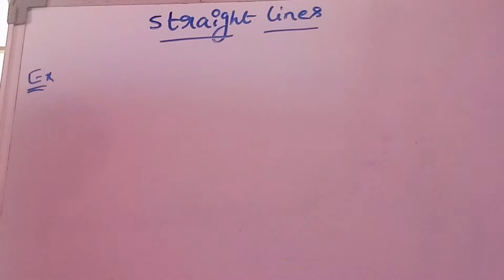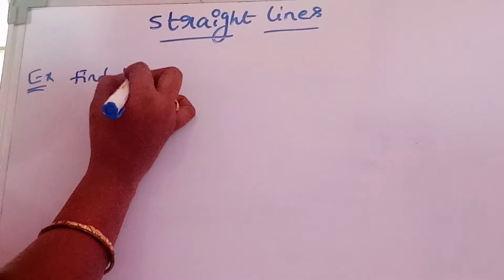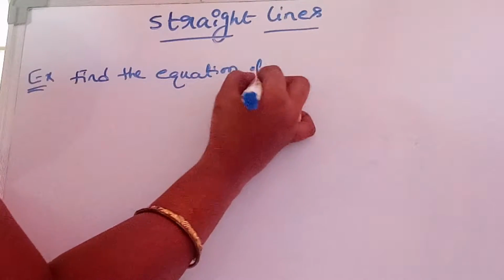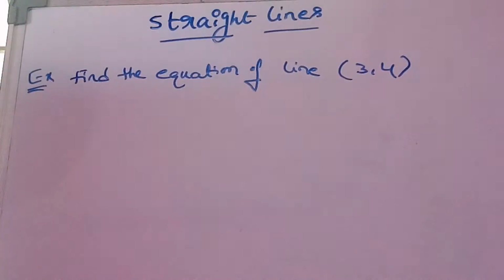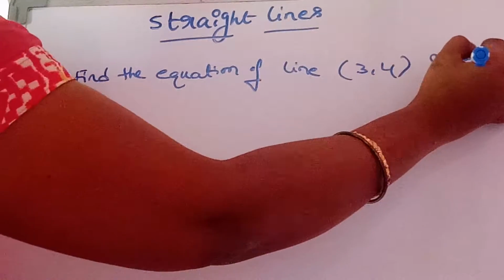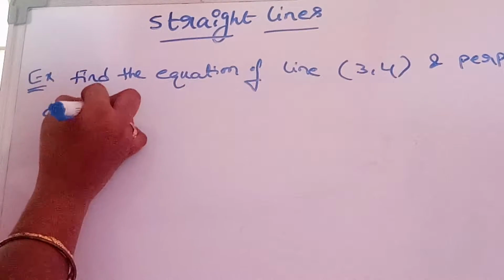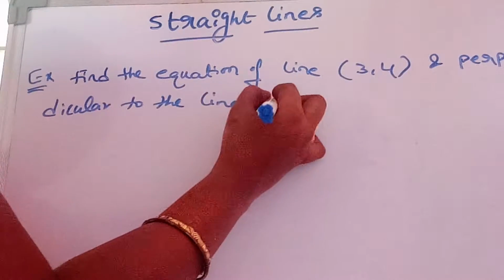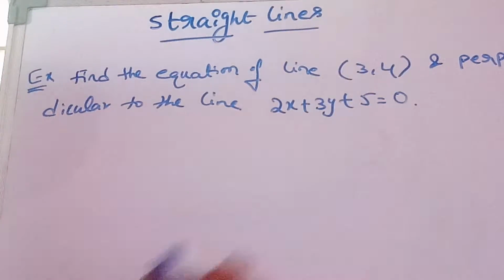Example: find the equation of line passing through the point 3, 4 and perpendicular to the line 2x plus 3y plus 5 is equal to 0.